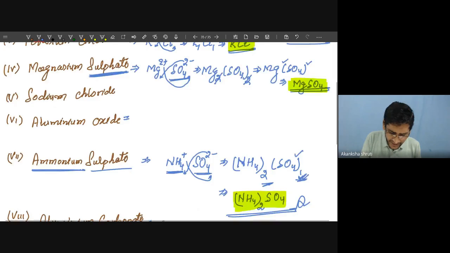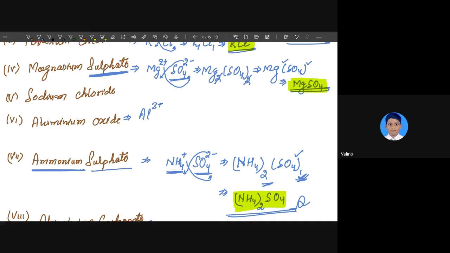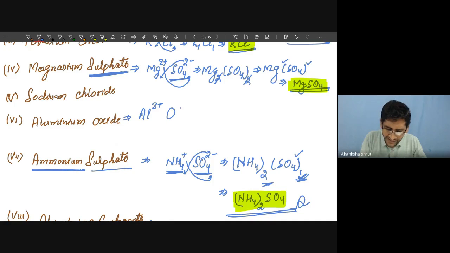For aluminium oxide, aluminium is 3+ and oxygen is 2-. So I shall bring these two below the aluminium and the 3 after the oxygen. Now this aluminium and oxygen are only atoms, not groups of ions, so there is no need to take the bracket.